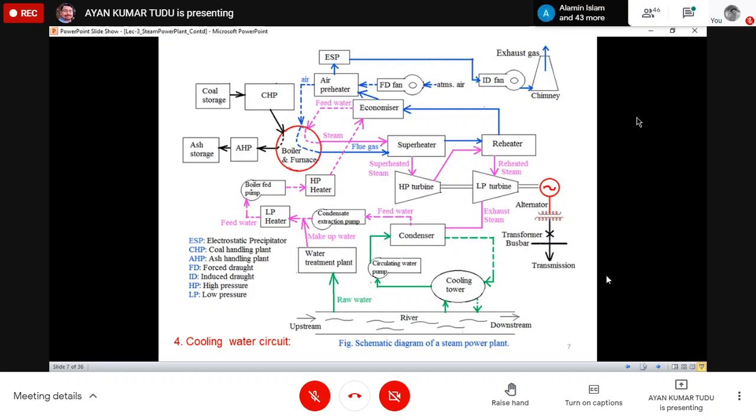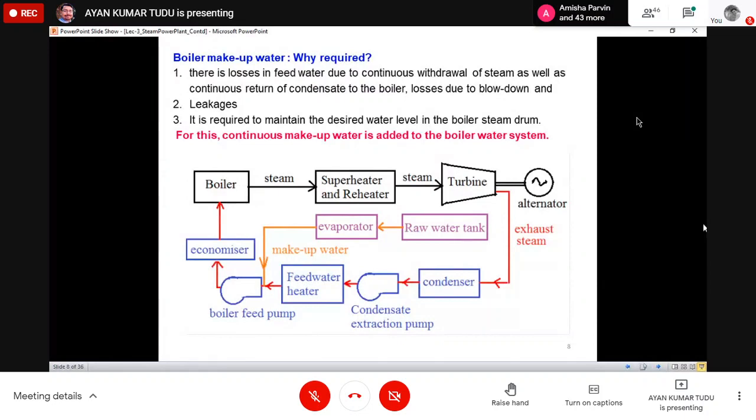So number one, I think we have a slide on this one. Only the next slide should be there. Yes, here as you can see, the number one is that there are losses in the feed water due to continuous withdrawal of steam as well as continuous return of condensate to the boiler, losses due to blow down, and obviously the second point is there may be leakages, and also it is required to maintain the desired water level in the boiler steam drum.